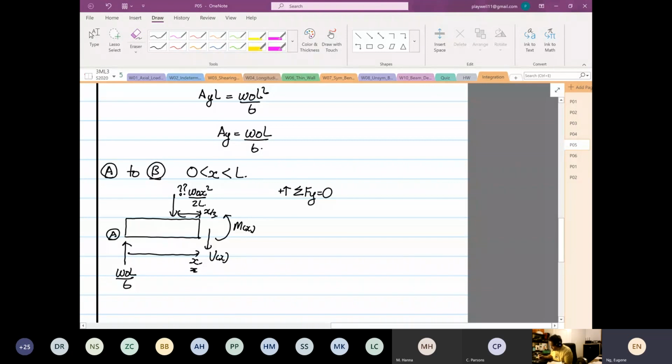So omega naught L over 6, and then minus omega naught x squared over 2L, minus V as a function of x is equal to 0. So V as a function of x will be equal to minus omega naught x squared over 2L plus omega naught L over 6. Okay, so this is your V(x).